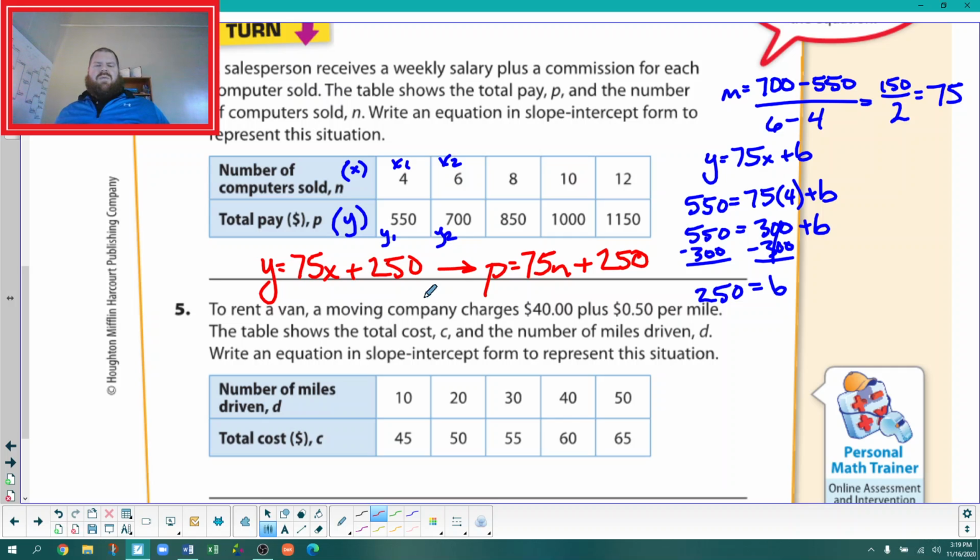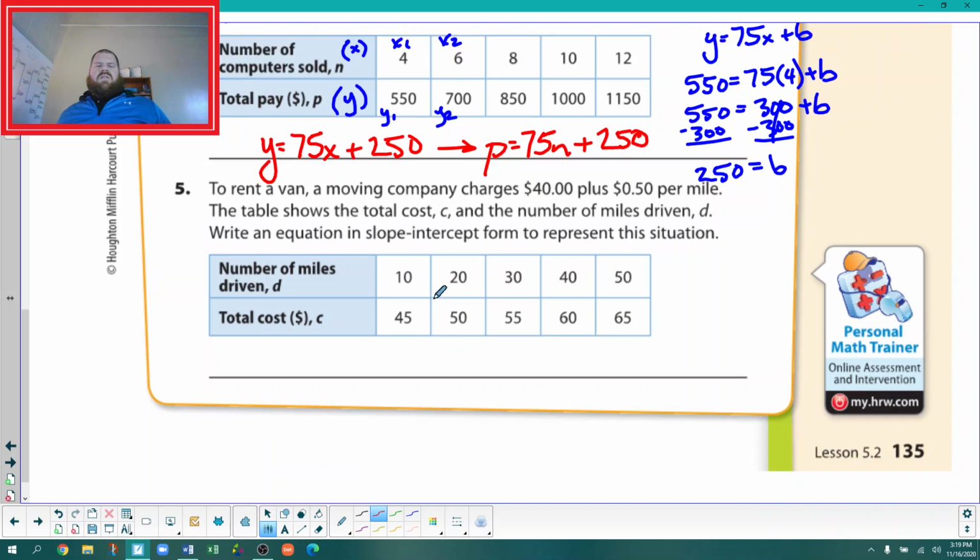Let's see, next one. It says to rent a van, a moving company charges $40 plus 50 cents per mile. The table shows the total cost C and the number of miles driven D. Write an equation in slope-intercept form to represent this situation.